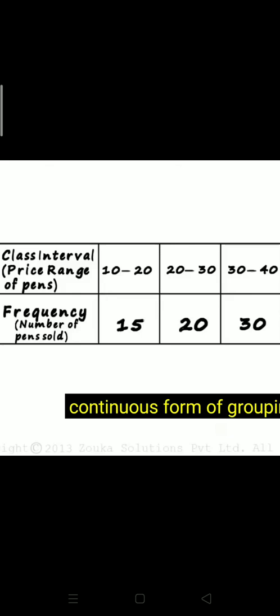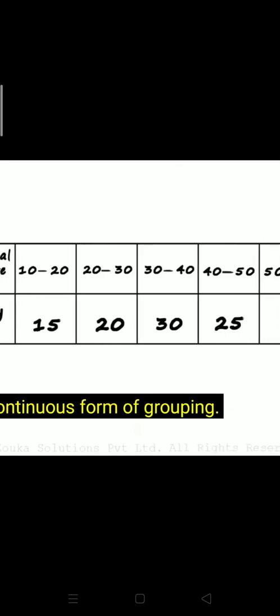Now, frequency of pens sold means, within 10 to 20, the cost of the pen, how many such pens are sold. So in frequency you can get the answer 15. Now try to read, all of you kids.